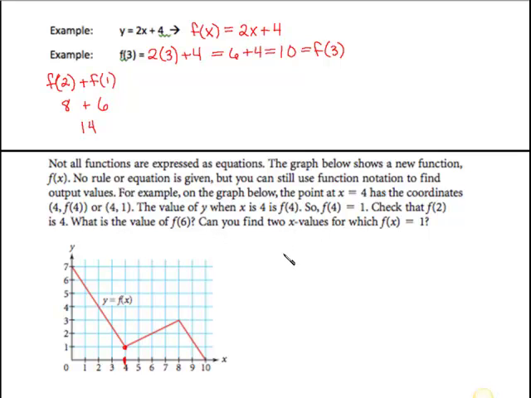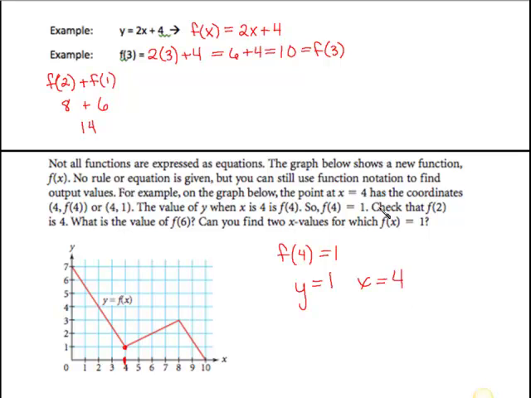All right, so that might be something to get used to. f of 4 equals 1 is how we would write what we used to write as y equals 1, and then we would also have to specify that x equaled 4.